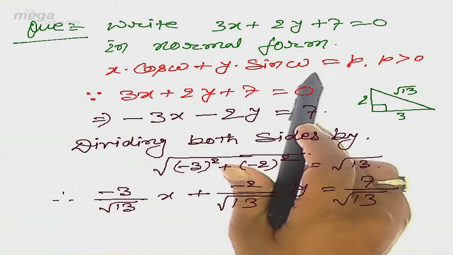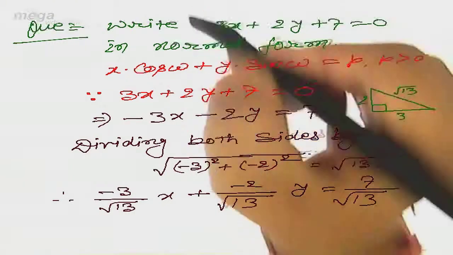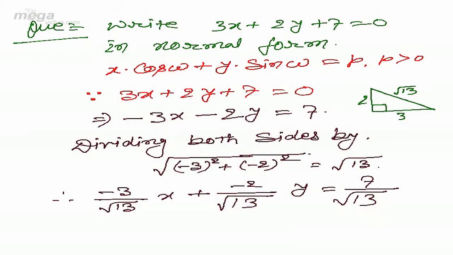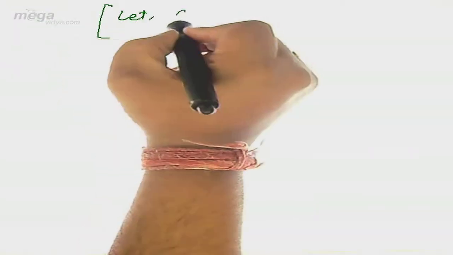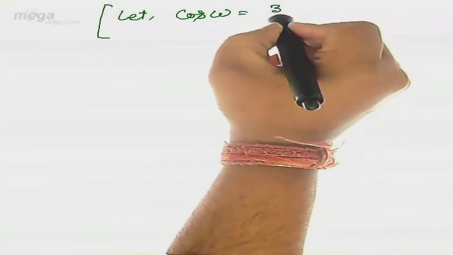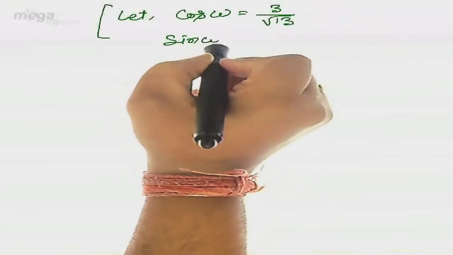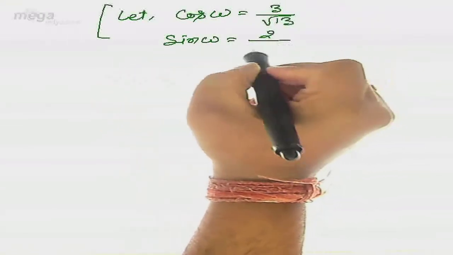So for minus 3 by root 13, we don't know at which angle it gives the value of cos and at which angle it gives the value of sine. So we will consider here, let cos omega be equal to 3 by root 13 without the sign, and sin omega be 2 by root 13.